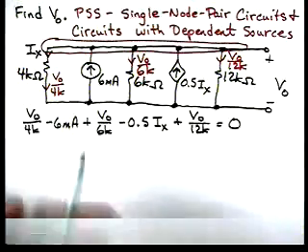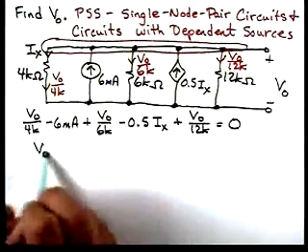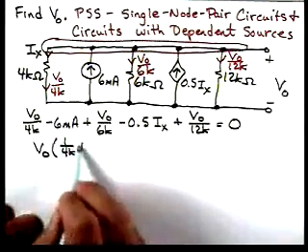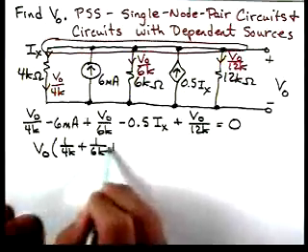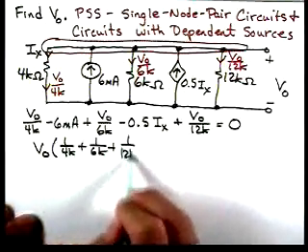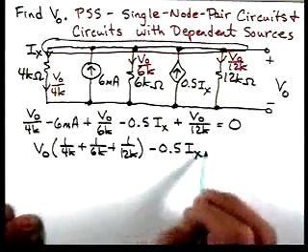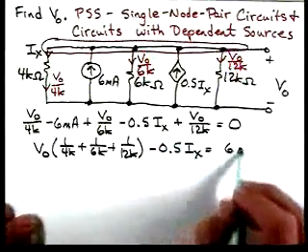Now let's collect terms and simplify a little bit. So we have V0 times 1 over 4K plus 1 over 6K plus 1 over 12K, minus 0.5 Ix, is equal to 6 milliamps.